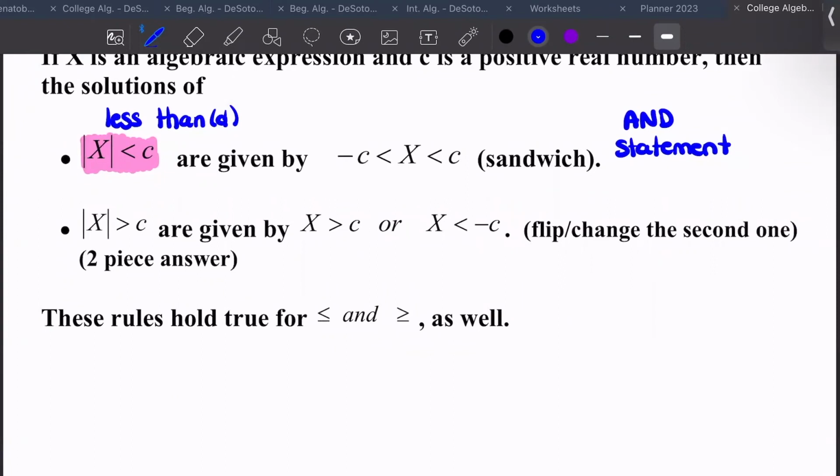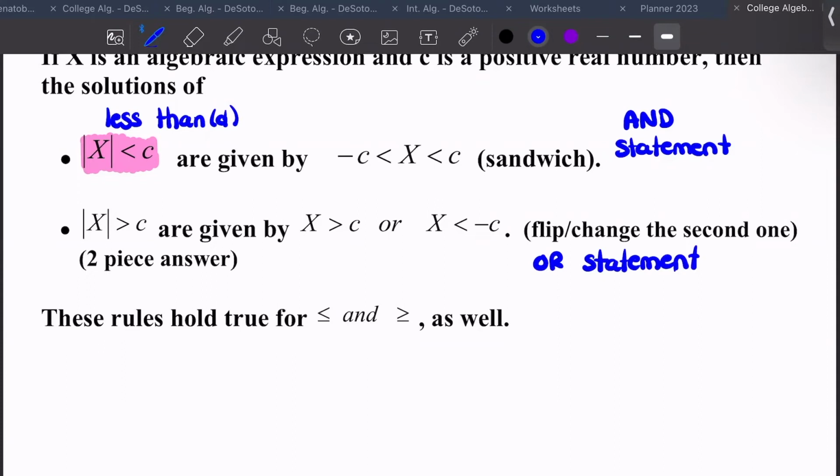All right, and then you're going to have the absolute value of x is greater than c. Okay, this is an or statement. All right, and so this means that two separate things are going on.